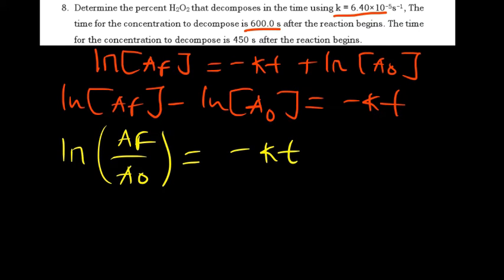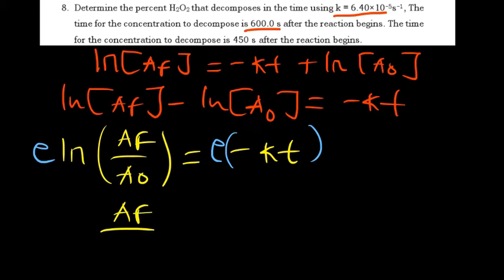Now we want to do away with the natural log. So you can introduce the inverse, which is E, the exponential, on both sides. All of these are going to be raised to the power E. Where there's a natural log, it cancels out since they are inverses.